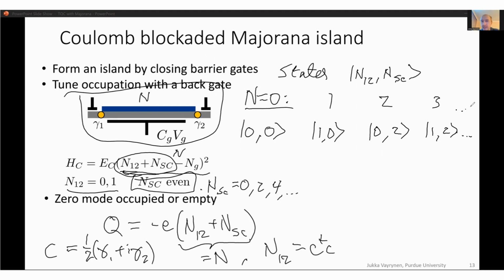And once you have these states, you can write the energy of the Hamiltonian. So I will draw it here. The energy will depend on this Ng variable, which is just the tuning parameter, so I can put it on the x-axis.